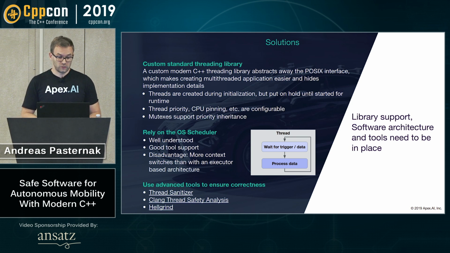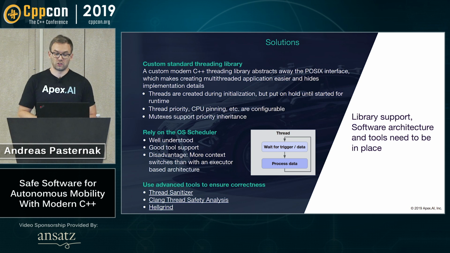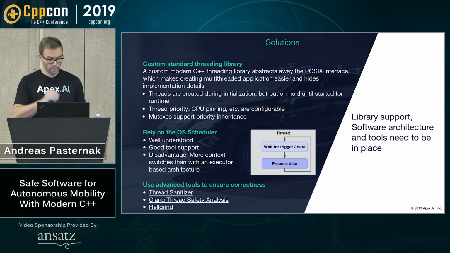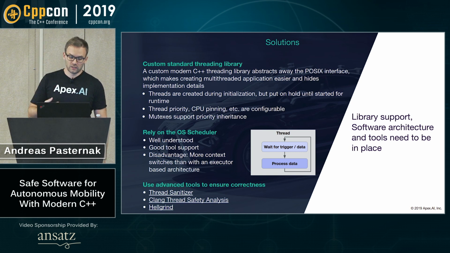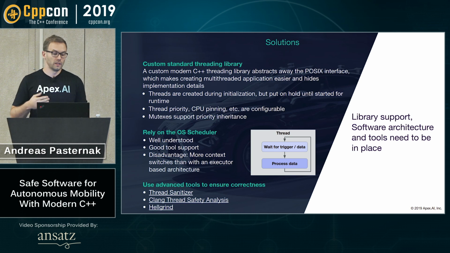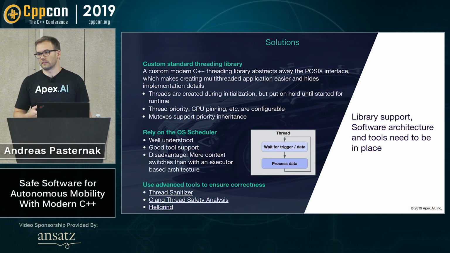The disadvantage is that you have more context switches than with the executor-based architecture, so you need to make sure that your CPUs are properly pinned and your thread priority is correct. To ensure correctness, we use advanced tools. For example, ThreadSanitizer from Clang or Helgrind, which is Valgrind-based, help you find data races and other problems in your multi-threaded code.